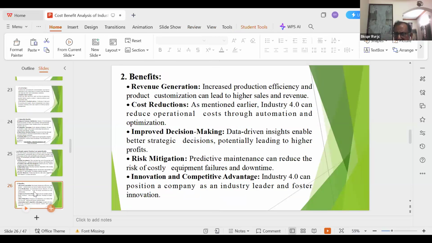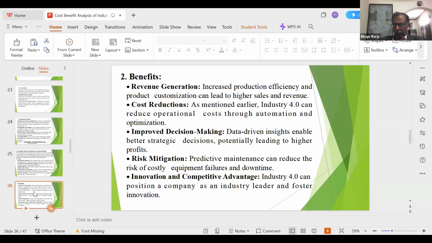One is revenue generation. Increased production efficiency and product customization can lead to higher sales and revenue. Cost reduction: as mentioned earlier, Industry 4.0 can reduce the operation cost through automation and optimization. Improved decision making: data-driven insights enable better strategic decisions, potentially leading to higher profits.